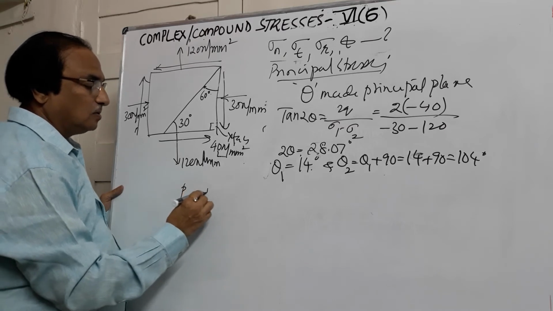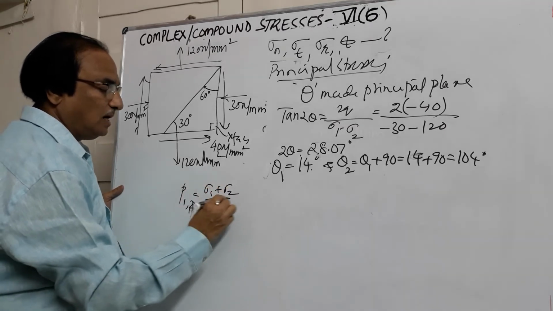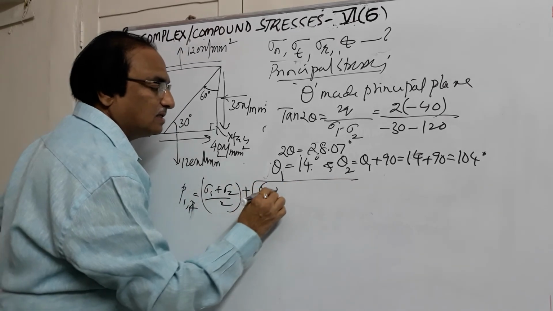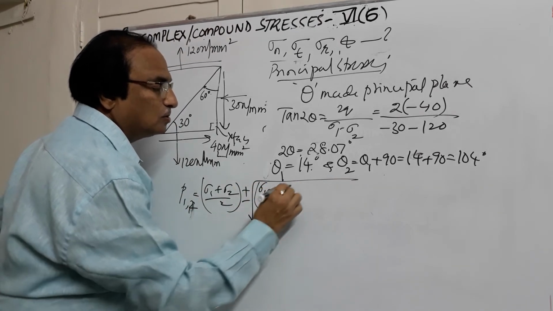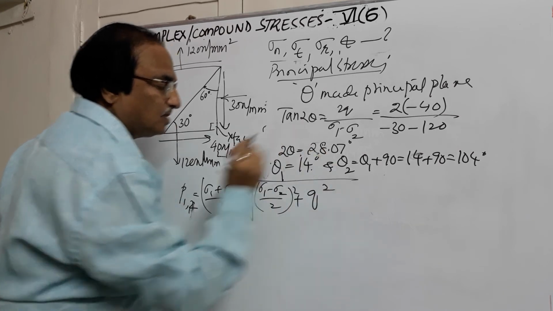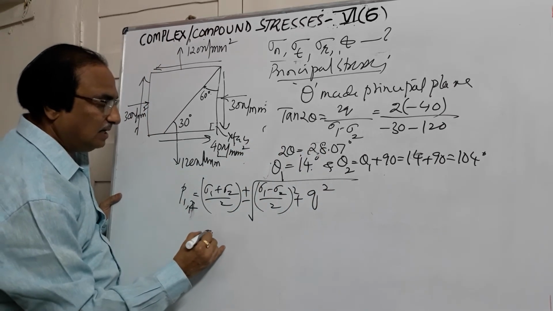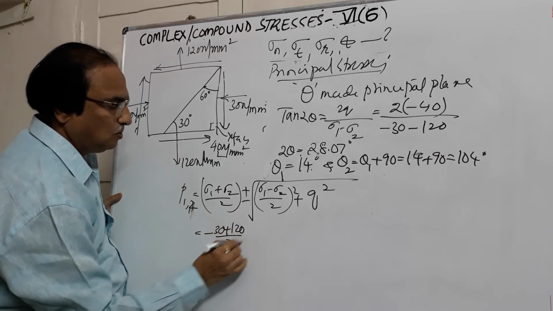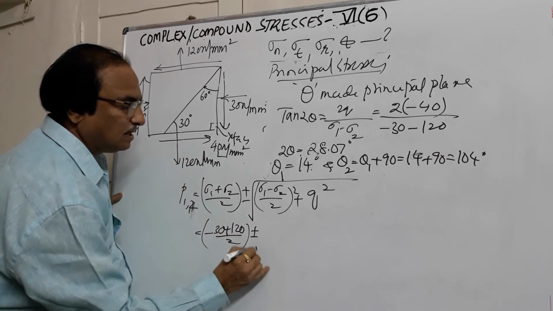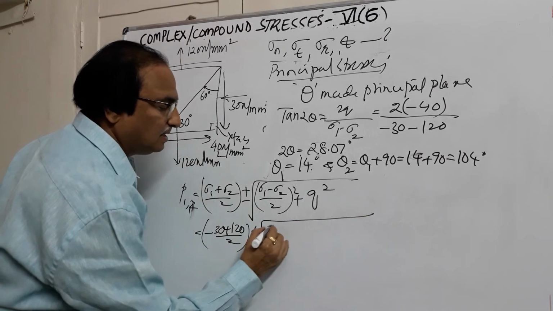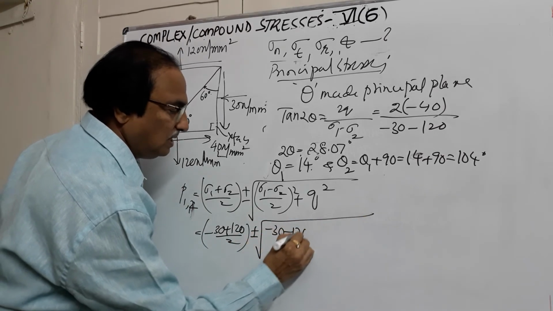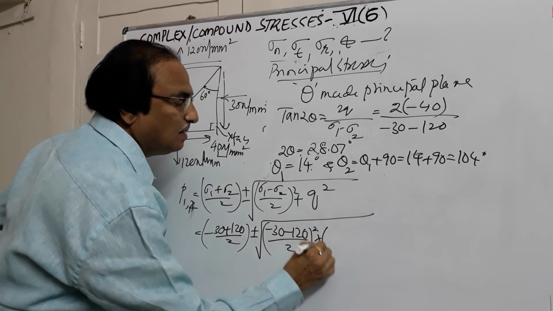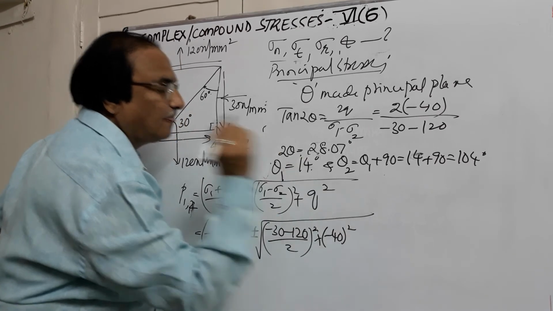P1,2 is equal to (sigma 1 plus sigma 2) by 2 plus or minus under root of ((sigma 1 minus sigma 2) by 2) whole square plus q square. Substituting the values: (minus 30 plus 120) divided by 2 plus or minus under root of ((minus 30 minus 120) divided by 2) whole square plus (minus 40) square.